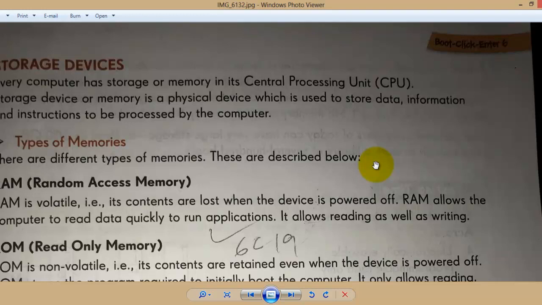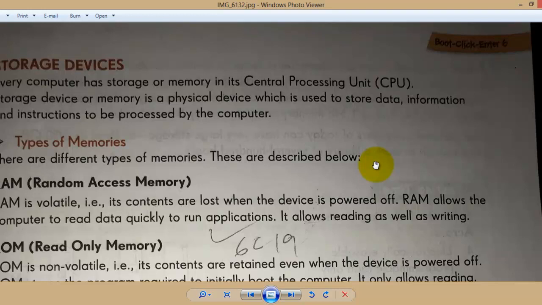In human beings, where do we store our memory, in the stomach, leg or hand? We store our memories inside our brain. Like that, in a computer also, there is a storage part that we are going to learn now.